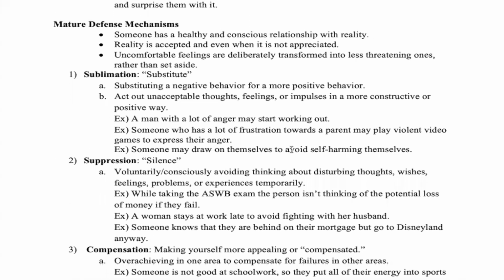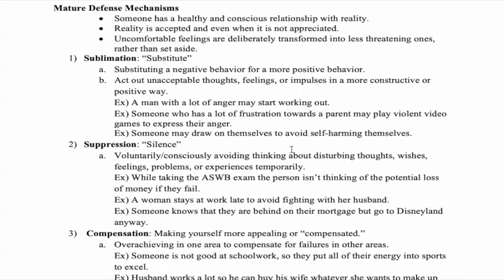So the mature defense mechanisms is where it gets a little trickier, based on the fact that as we go down the rungs, primitive is entirely unconscious, less primitive becomes more conscious but still tries to deny reality, and the mature defense mechanisms is where somebody has a healthy and conscious relationship with reality. So reality is accepted even if it's not appreciated.